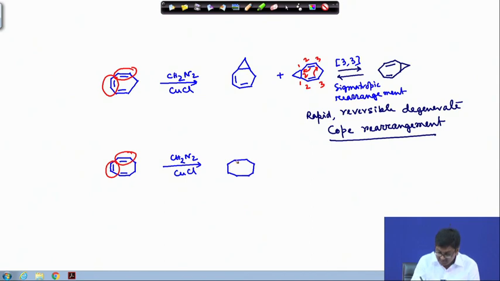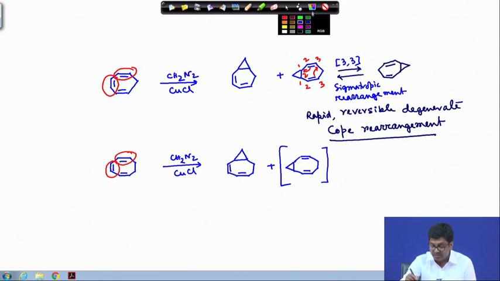Okay. First case it will give this one, plus in another case this will give this product. Okay. Now, among these two substrates, this one is also now ready for another 3,3 sigmatropic rearrangement.